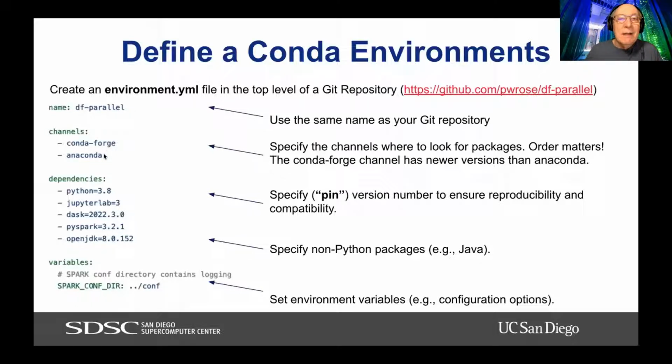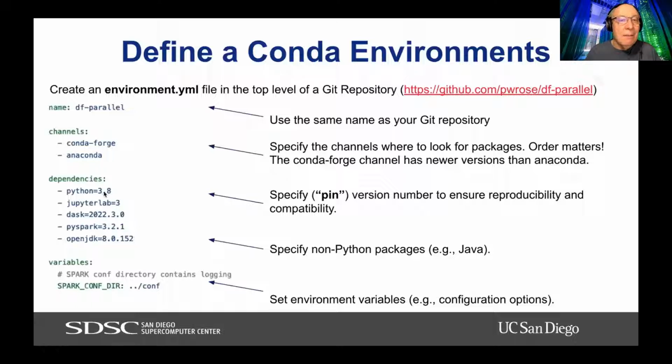Then I need to say, okay, the dependencies, where do they come from? There are various channels available, such as Conda Forge and Anaconda. Usually Conda Forge has the newest versions available. And you may need to add other channels depending on where you find your packages, such as Bioconda or NVIDIA, etc. Then you specify the dependencies that you have.